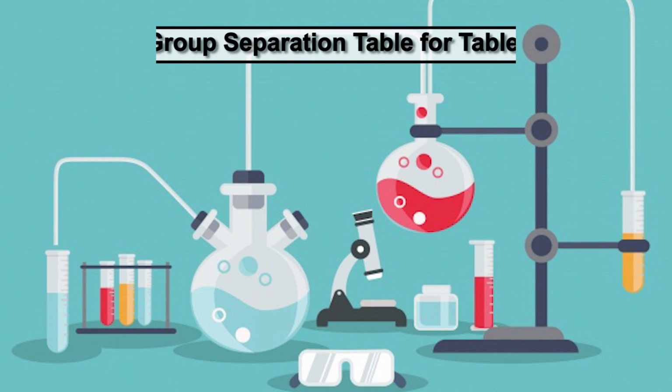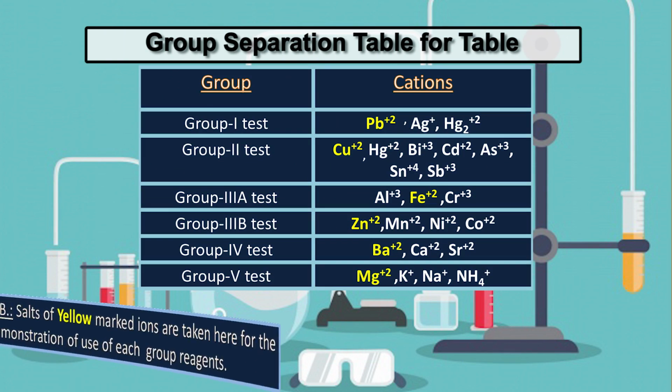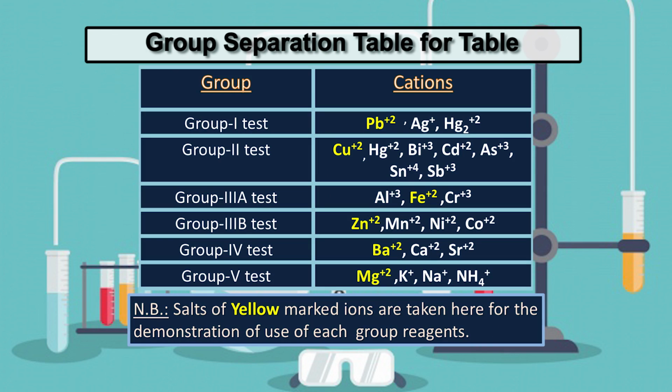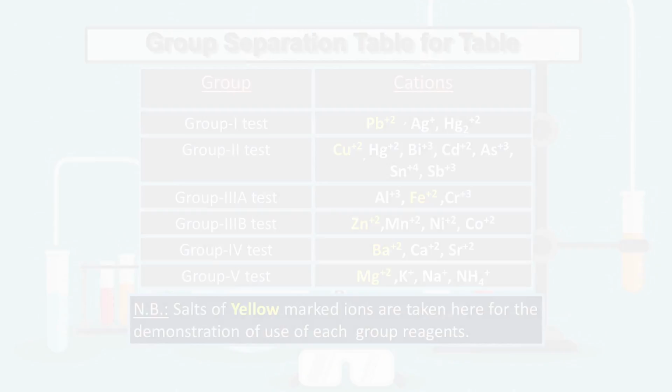Now we go for the group separation table, by which we can categorize the cations into different groups. If we perform this test carefully, then we can get a concrete idea about the cations present in our sample, so we have to take these steps very seriously. First of all, we test the sample in 6 groups, and the 6 groups have different group reagents.